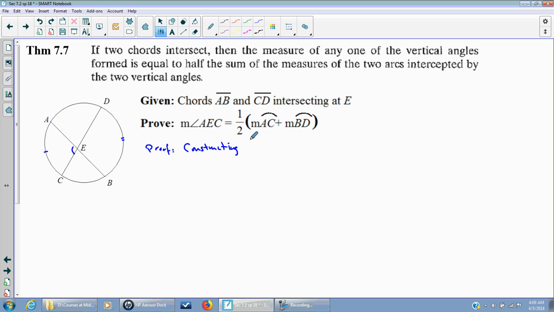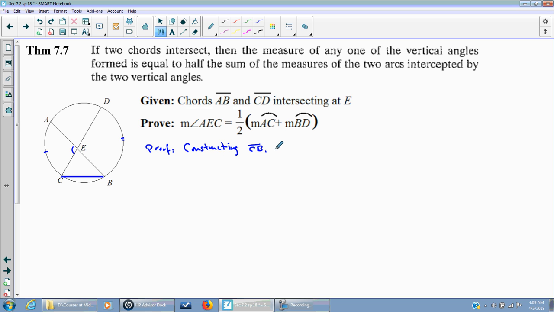In other words, since this line segment wasn't given, we'll need to construct it or draw it in here. Let's look at CB. So let's draw that in down here. Okay. Now, when looking at CB, I have a couple of inscribed angles.